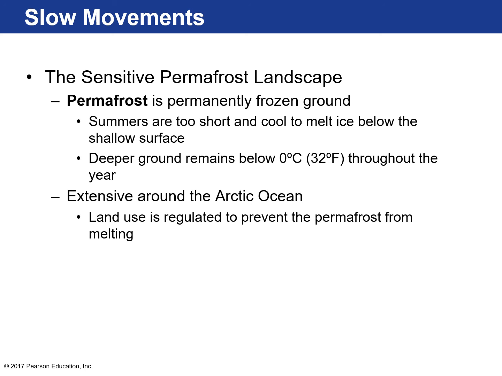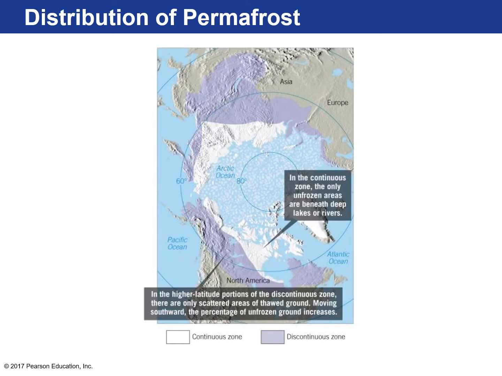All right, areas of permafrost we find typically in the Arctic Circle, so north of 60 degrees latitude. The deep ground remains colder than 0 degrees Celsius, so below freezing, and summers are too short and cool to melt any of the ice below the surface. They're extensive in the Arctic Ocean. A lot of times we prevent certain types of land use to prevent permafrost from melting, because it's a very sensitive habitat, which is changing because of global warming.